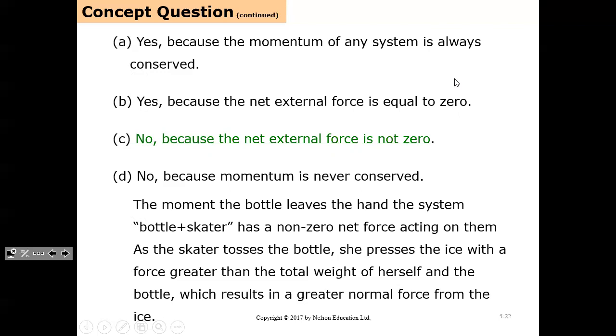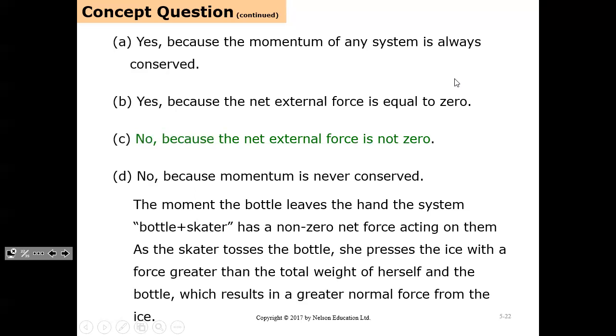I'm sorry. Okay, the answer is no, not yes. So when you throw, when the bottle leaves the hand, there is a non-zero net force acting. As the skater tosses the bottle, she presses the ice with a force greater than the total weight of herself.